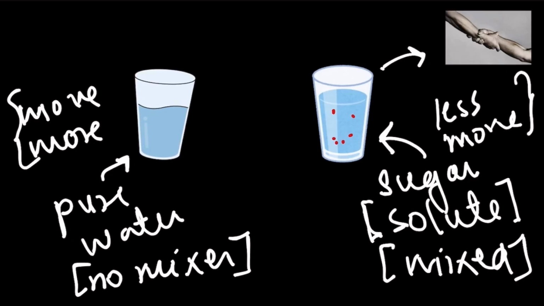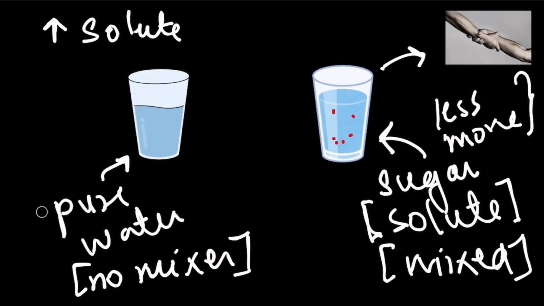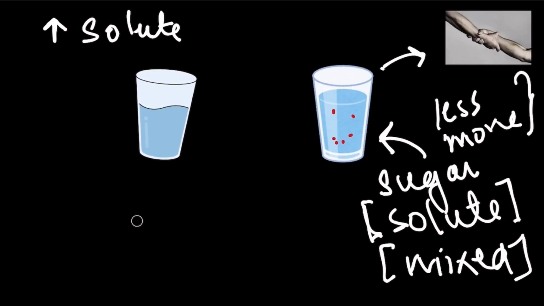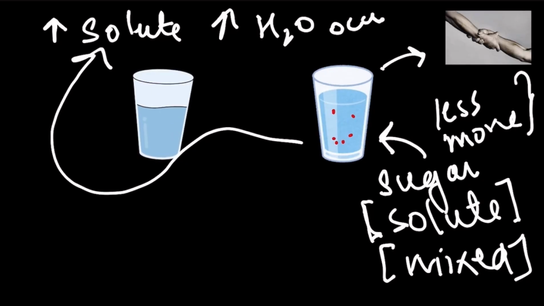This is quite interesting, because when there is a high number of solutes in water, just like this glass which is mixed with a lot of sugar, then more water is occupied. That means it's able to move less.